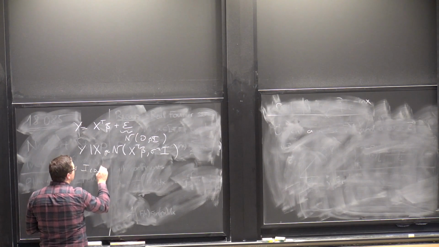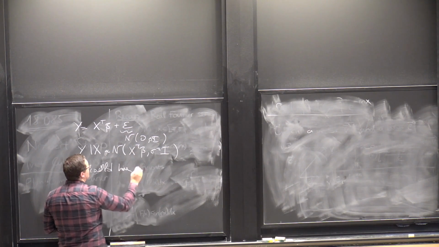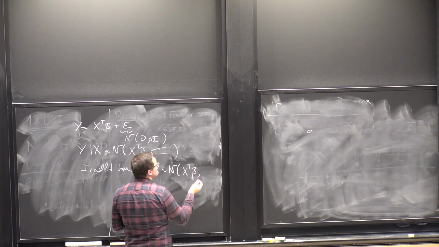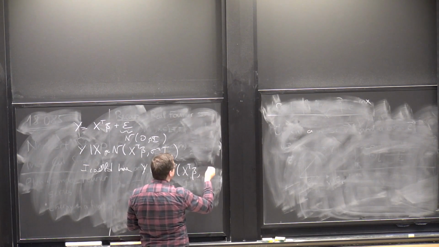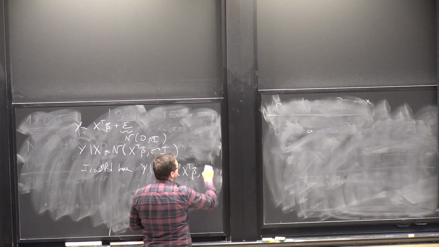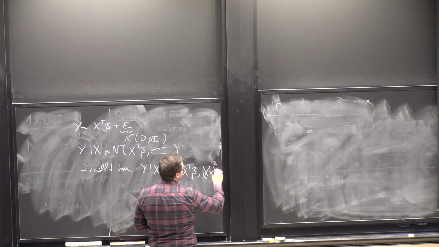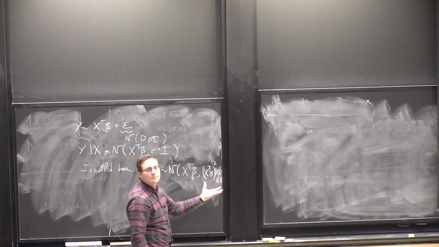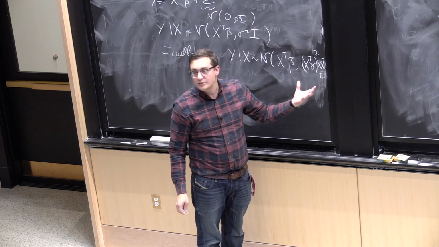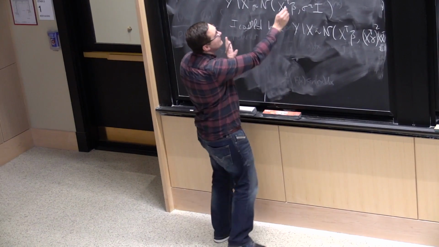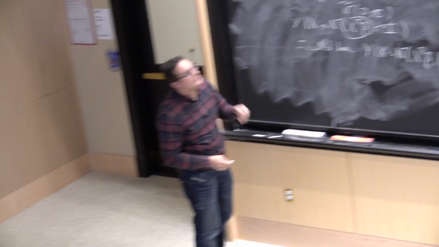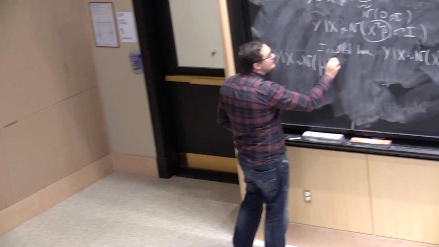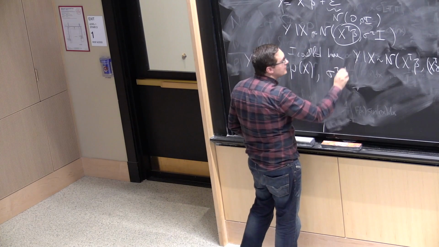I could have something that looks like y given x is N(x transpose beta, and then this could be some other thing, which looks like, I don't know, some x transpose gamma squared times, I don't know, x transpose plus identity, some crazy thing that depends on x here, right? And we deliberately assumed that all the things that depend on x show up in the mean, OK? And so what I have here is that y given x is a Gaussian with a mean that depends on x and covariance matrix sigma square identity.